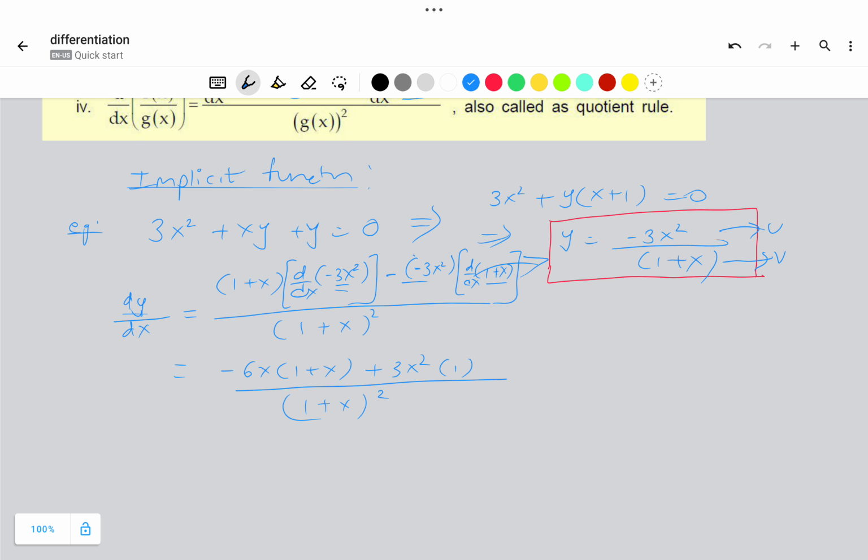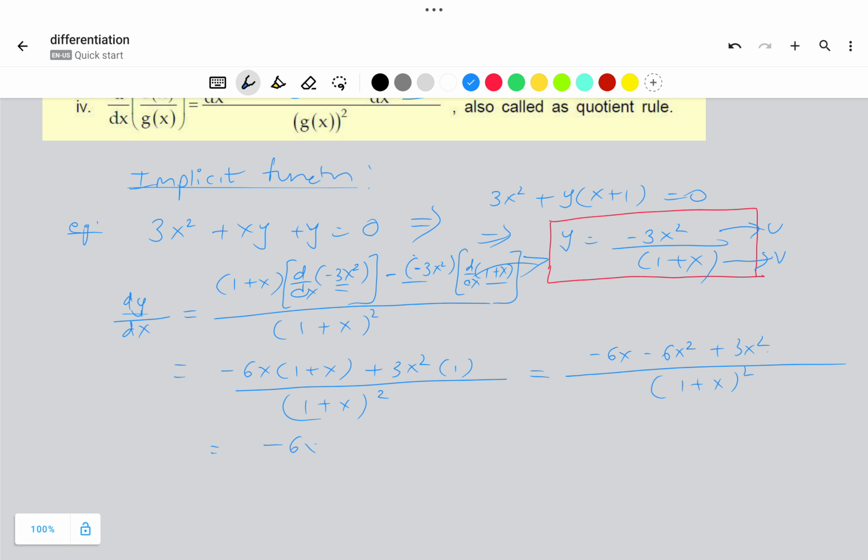Now let's solve for the numerator. So the numerator would be minus 6x minus 6x square plus 3x square upon 1 plus x the whole square. So here minus 6x square plus 3x square, how much is it?